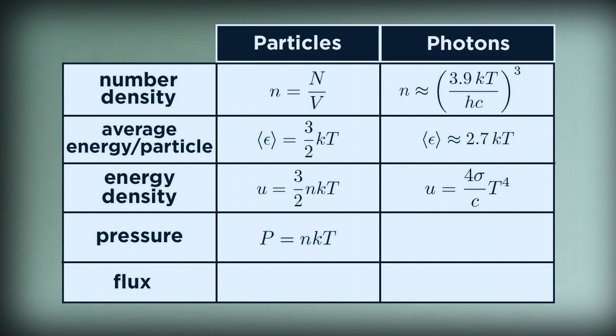Then comes pressure. For the gas, pressure equals nkT, the ideal gas law. For photons, again, n itself goes like T cubed, so we might expect pressure to go like T to the 4th power, and it does. In this case, the proportionality constant is 4 sigma over 3c.